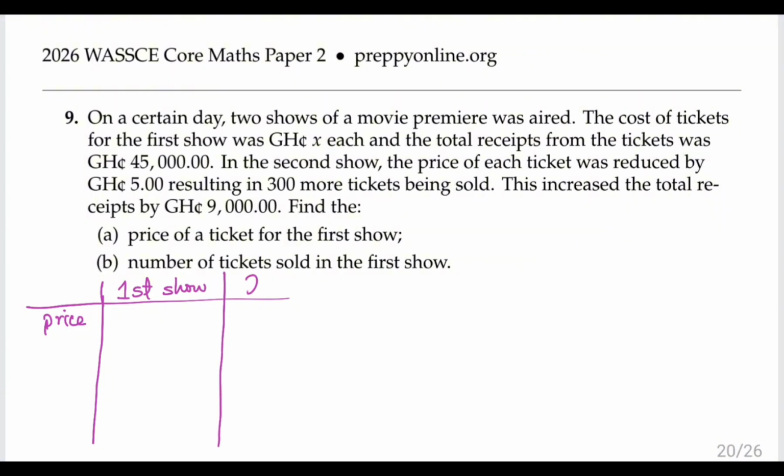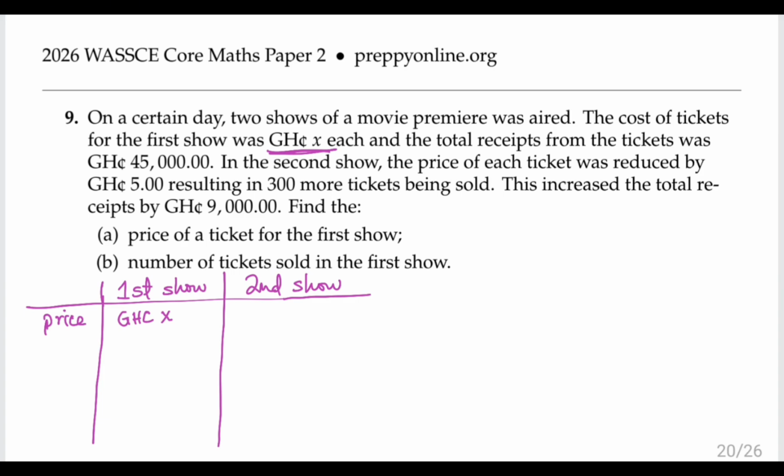Then we have the second show, the information on the second show here. So the price of a ticket in the first show was X cedis. So let me call that GHC X.